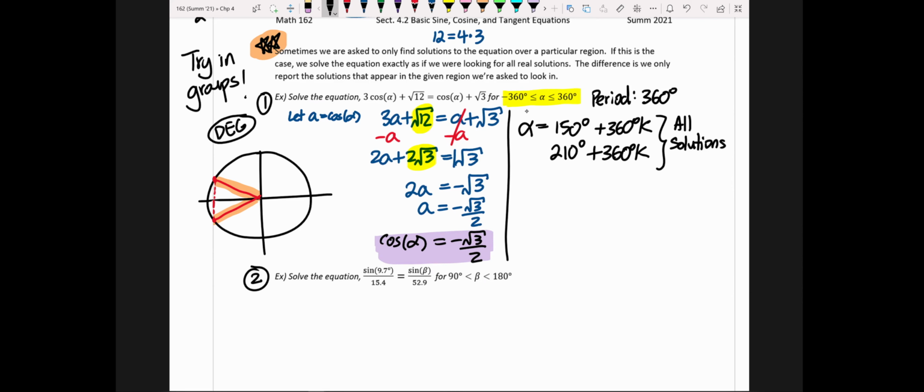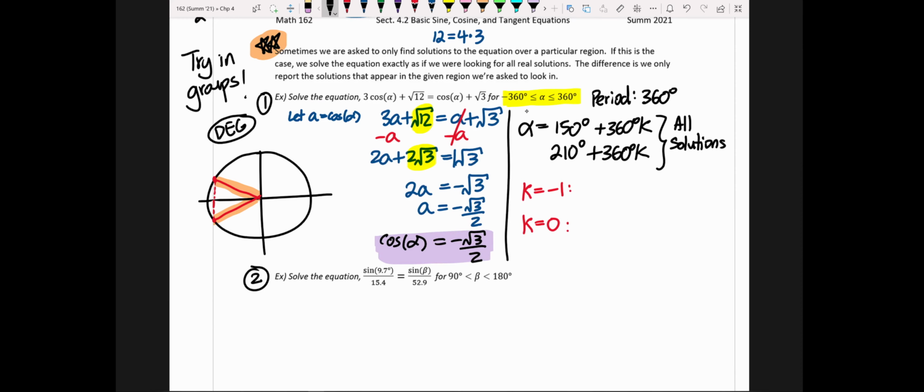So we've gone through the 3 steps. Now, to get the specified solutions, we look to see our answer will be between negative 360 and positive 360. That's when k is negative 1 and when k is 0. So when k is negative 1, we do 150 minus 360, 210 minus 360.